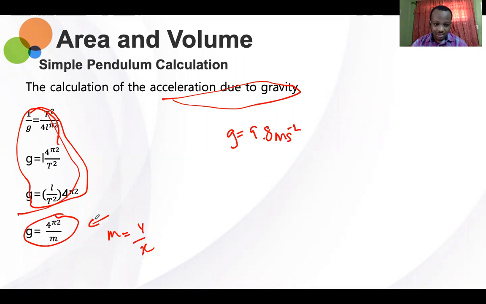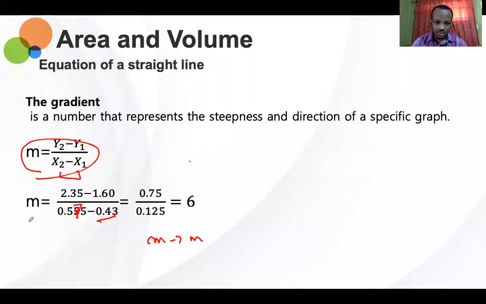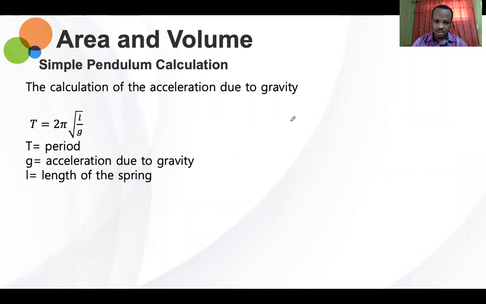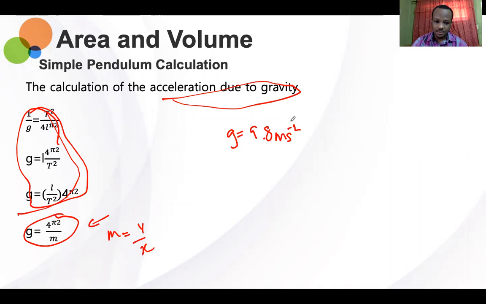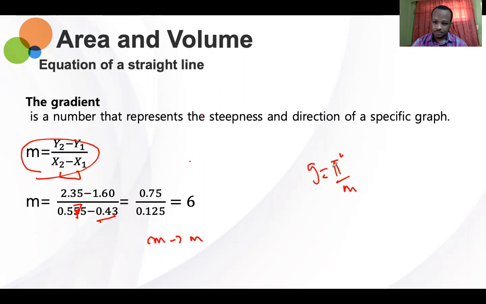So in your activity, you will be given this formula, and after you calculate your gradient with your y2 minus y1 over x2 minus x1, you will go ahead and then just plug in your values for g equals 4 pi squared over m. All right, just do that over again.